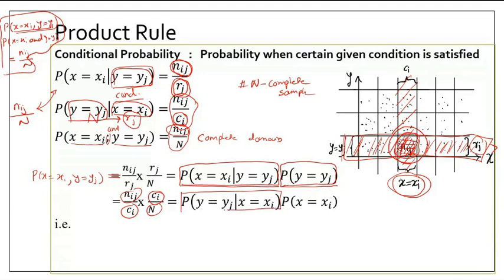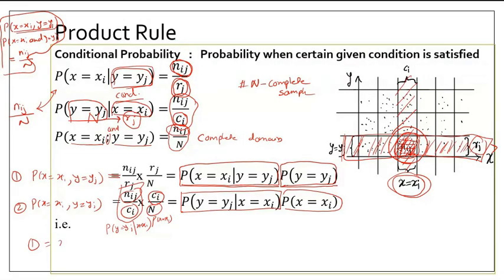When I play with Ci, it becomes probability y equal to yj given x is equal to xi into probability of x equal to xi. This is also equal to probability x equal to xi, comma y equal to yj. So these two equations, equation 1 and 2, are the same. I can equate 1 equal to 2.